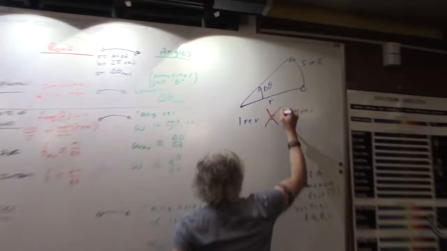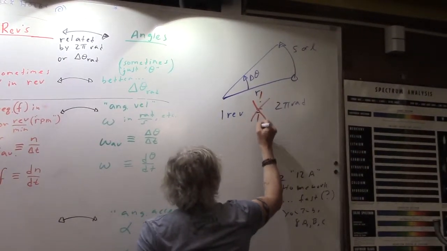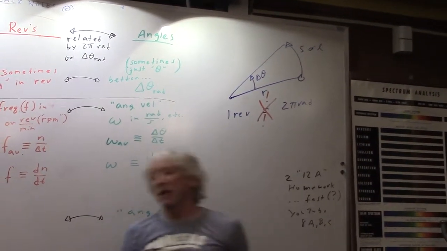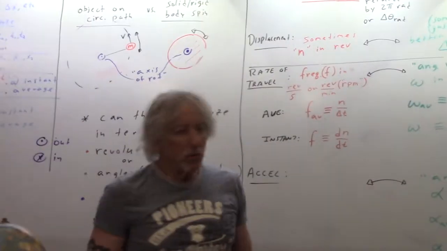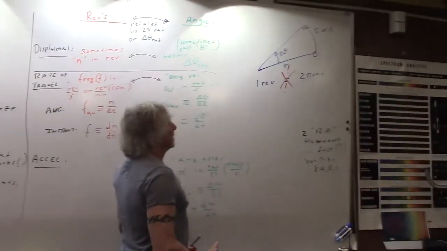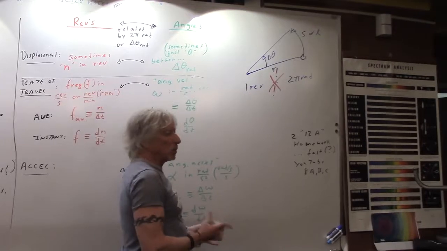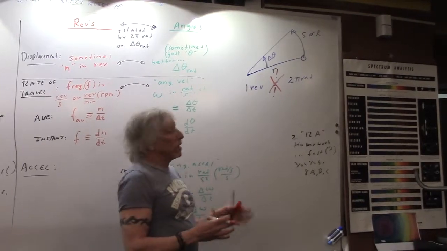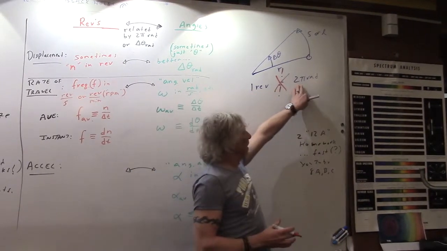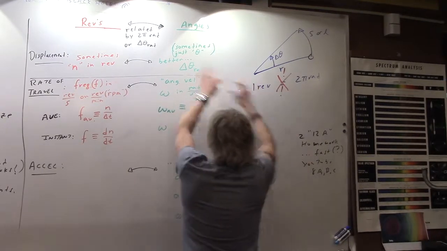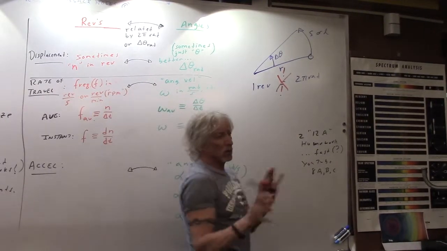Ready? Hold on. They're not equal. It's not the same thing. So don't use equal unless you mean equal. They're not the same thing. You have to convert. It's true that one revolution physically will give you 2 pi radians, but this is delta theta, and that is the revolution n.